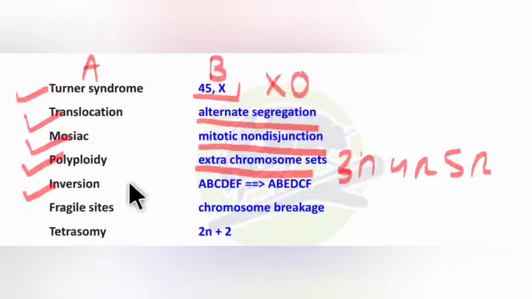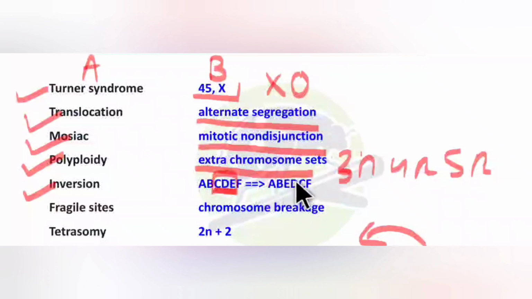And inversion, in which a segment is changed, like A, B, C, D, E, F is changed to A, B, E, D, C, F. It means this C, D, E is rotated 180 degrees. यानी ये जो C, D, E था वो उल्टा हो गया, वो ऐसे घूम गया.